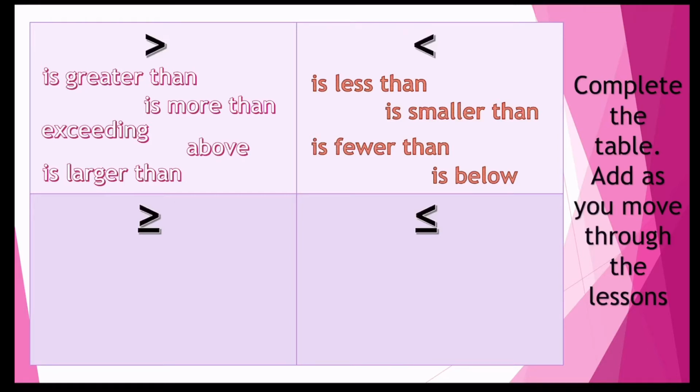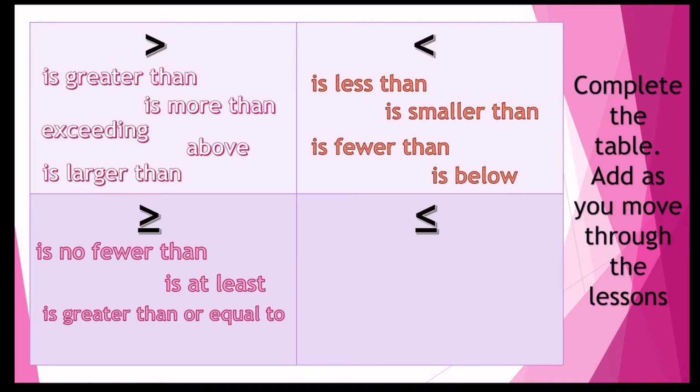Now we have is greater than or equal to. Also means is no fewer than, is at least. We know it's is greater than or equal to, or a minimum. So if you see a problem saying minimum, this is the symbol you would use.